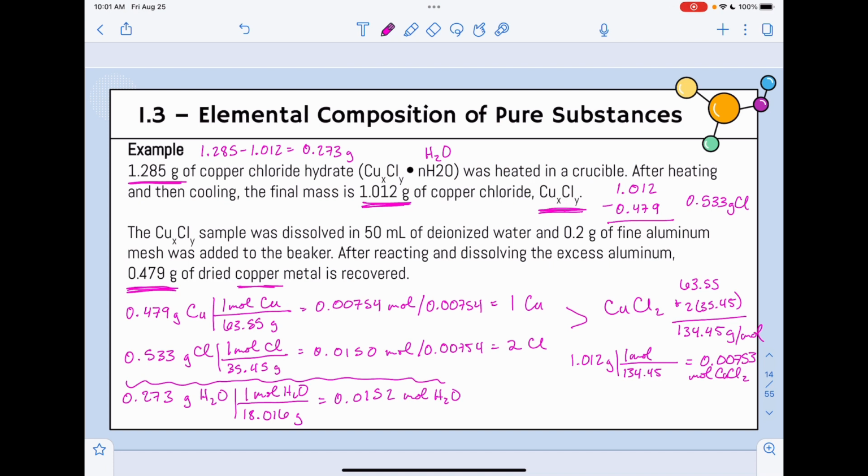For every 1 mole of copper 2 chloride, I had 2 moles of water. So my hydrate, my full chemical formula, is CuCl2 with 2 moles of water. And there we go. That is my chemical formula.